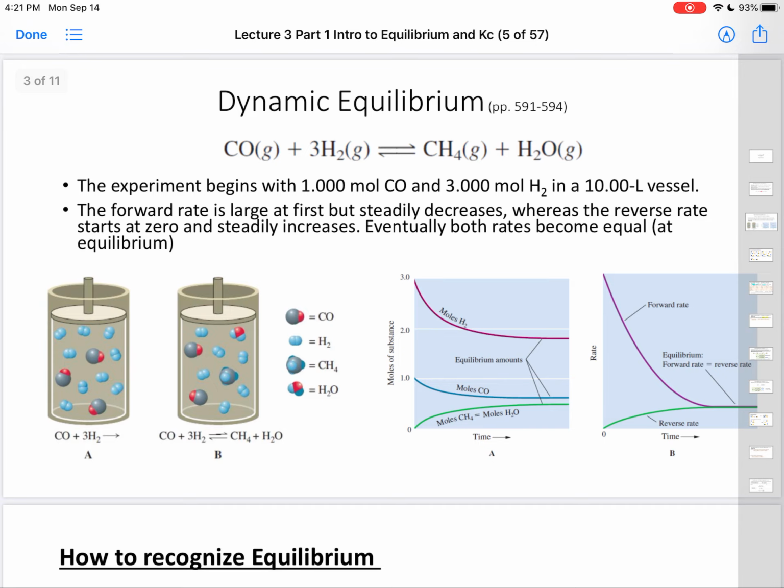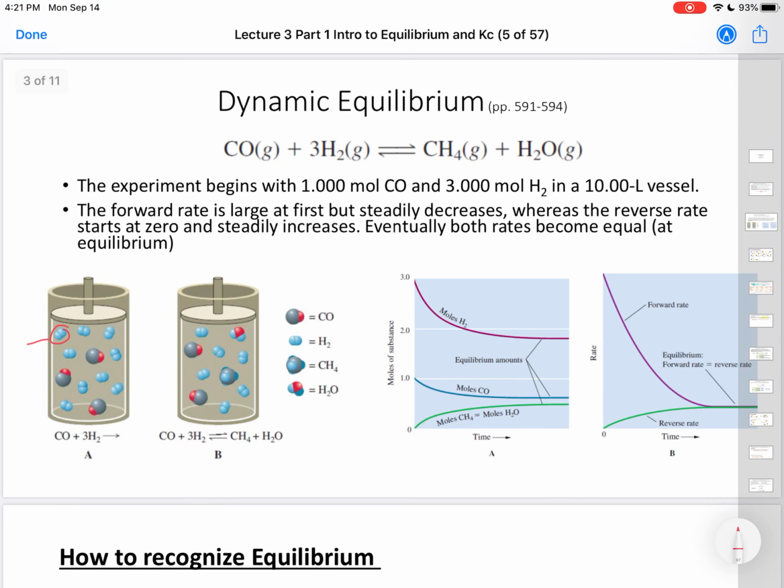So looking at that same reaction, this is just going to give you a pictorial or molecular representation of what is going on. The experiment begins with a flask or a container with 1 mole of carbon monoxide and 3 moles of hydrogen gas in a 10-liter vessel. So that's what you see in A here.